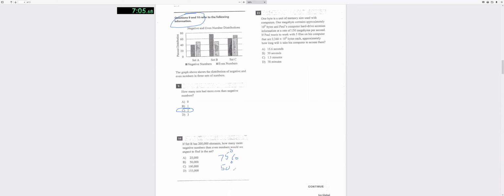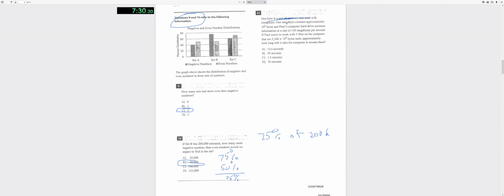That's a difference of 25%. So 25% of the set is the difference, and there's 200,000. So what is 25% of 200,000? Well, 25% is a quarter, so a quarter of 200 is 50. It's 50,000.